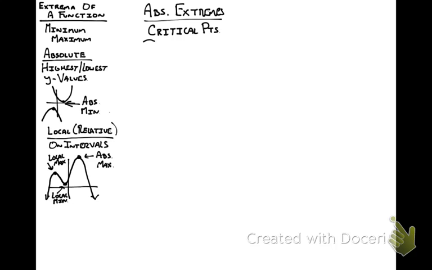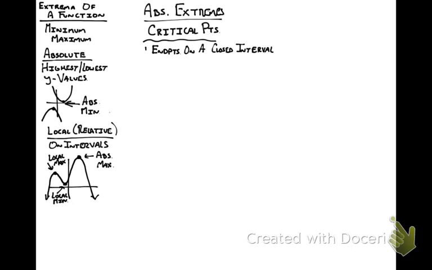And the critical points for absolute maximums are the endpoints on a closed interval. So let's say we're focusing only from -3 to 3. Well, then the endpoints would be -3 and 3.